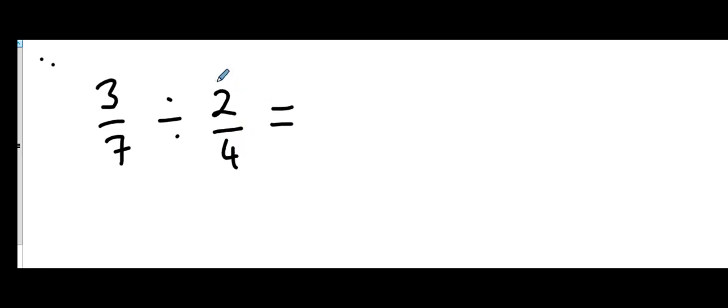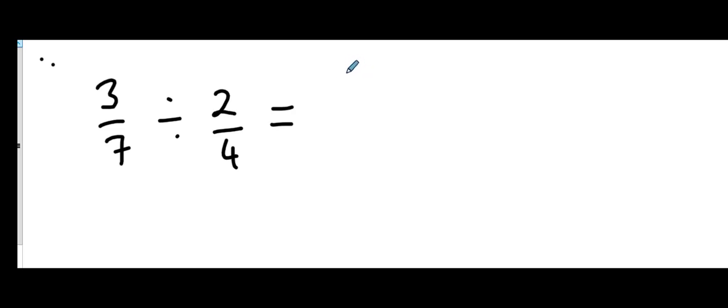Now, when we multiplied fractions, we multiplied our numerator by our numerator and our denominator by our denominator. When we divide fractions, we can do a very quick little shortcut which helps us to divide the fractions.